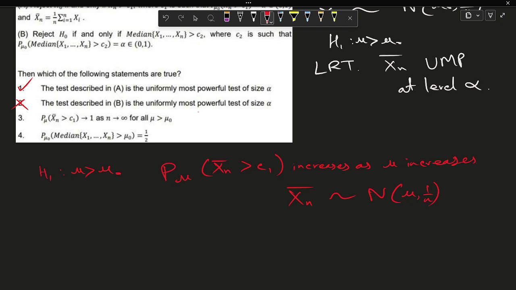As mu tends to infinity, the probability P_mu(Xn bar > c1) goes to 1. So our option 3 is a correct option of this question.